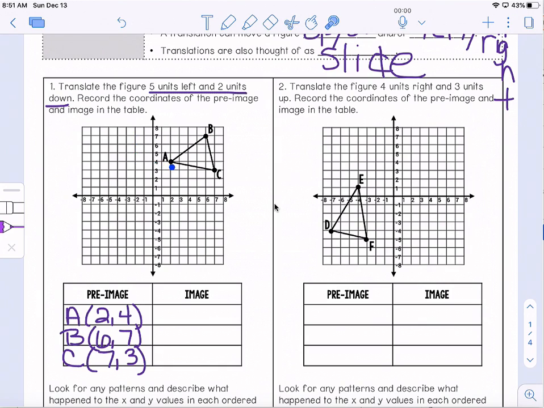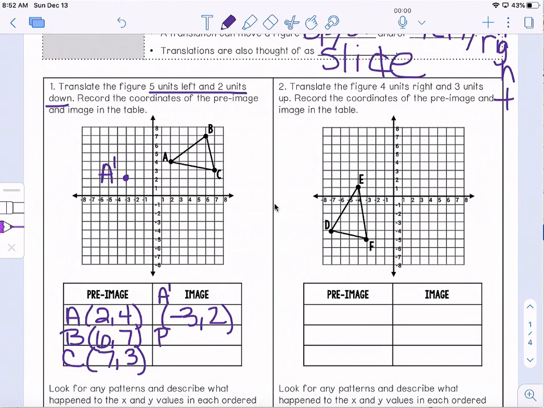So if I move point A 5 units left, 1, 2, 3, 4, 5, and then down 2, I'm going to be at negative 3, 2. We're going to call that point A prime. If it has the apostrophe with it, it's called prime notation, and that's the new, translated point.